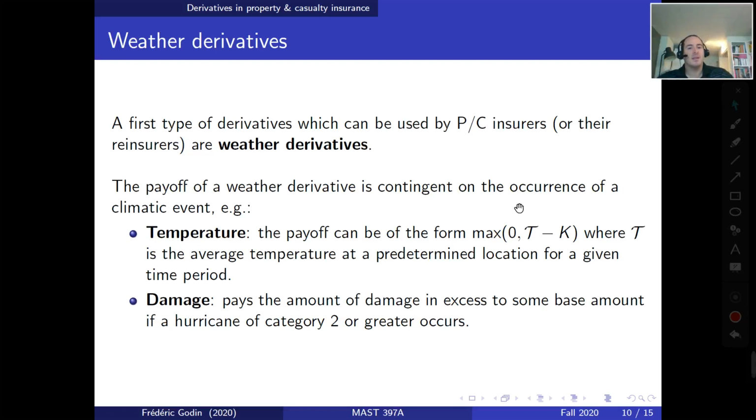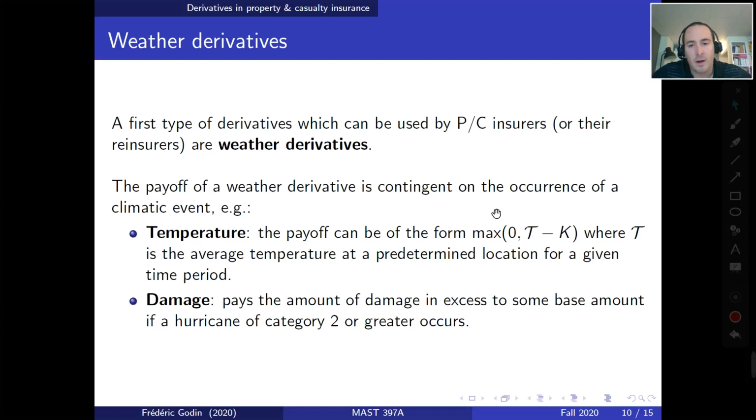The payoff would be correlated with liabilities of property and casualty insurers in that case we discussed. So this asset would be very good to manage the risk of the insurer.